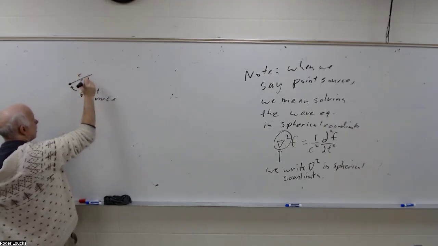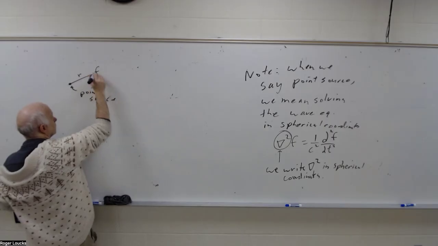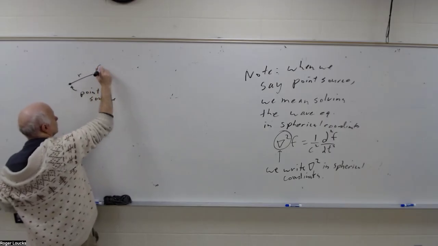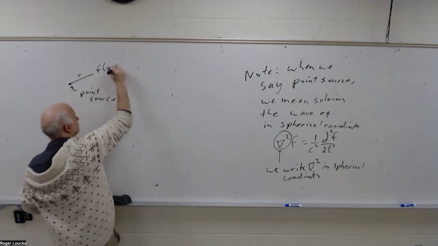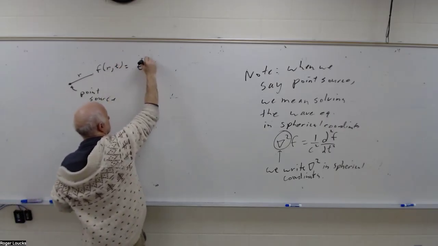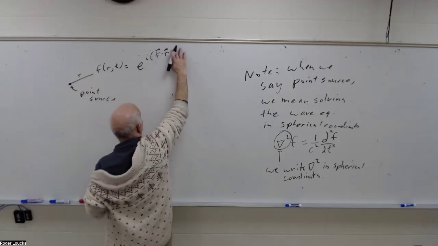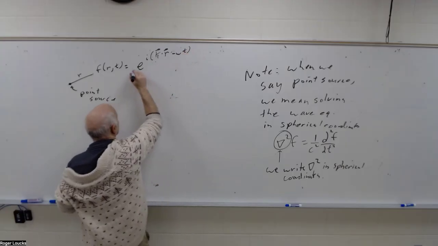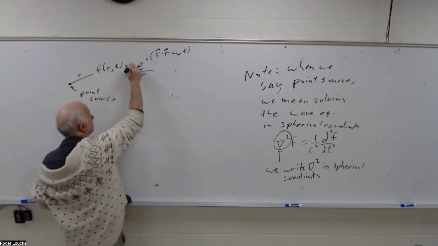The wave F at this point, the F of this R, let's say F of T, is going to be basically e to the i, you know, R minus omega T over R. That's what they look like. And then there's some amplitude here.